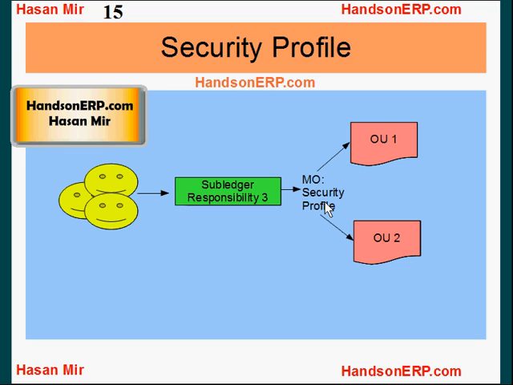So we have two profile options playing a role now. One will be used in case you have one responsibility pointing to one operating unit, and the other one will be used for those responsibilities that will be pointing to multiple operating units. And this is a common error people make. They put values for both the profile options and then they end up in a very unexpected scenario.